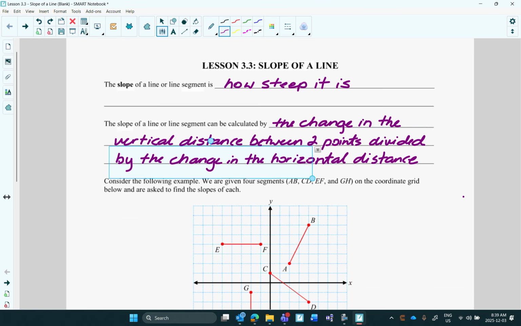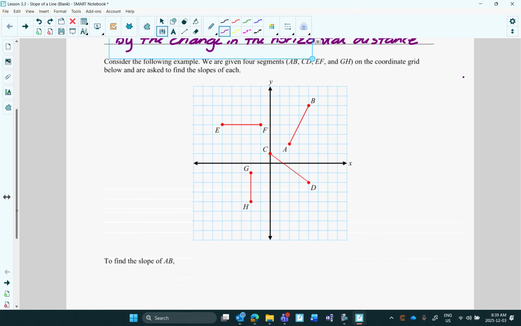So here's 4 line segments. And we're going to find the slope of each by finding the vertical difference between the 2 points on the end and the horizontal distance and dividing them.